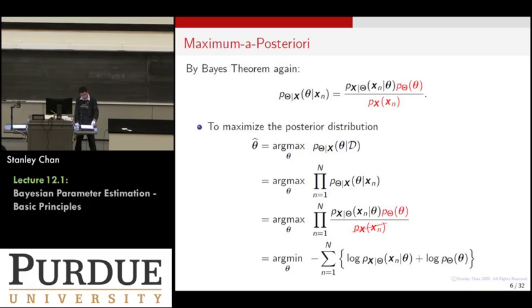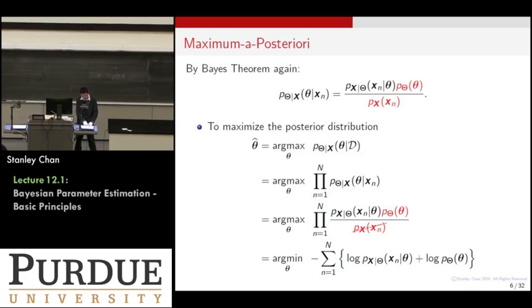And now, if I want to, instead of maximizing the likelihood function, let's say I want to maximize the posterior distribution, then what happens is that I'm going to formulate this argmax problem of theta given all these data points coming from the data set D. Since I am assuming that every element in this D is independent, then I can write it as a product of the individual posterior probabilities.